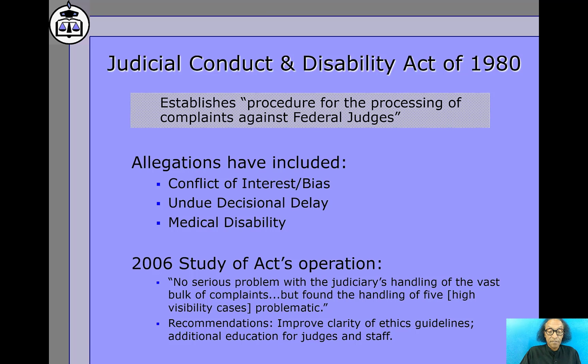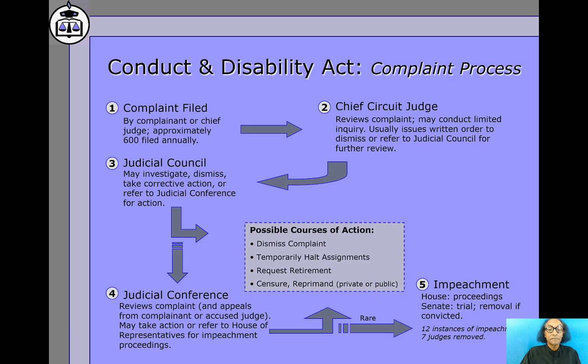A 2006 study showed that there's been really no serious problem with the judiciary's handling of the vast bulk of complaints, but found the handling of 5 highly visible cases problematic. In other words, the vast majority of cases brought against judges do not have much merit, and that's because federal judges are very careful in the way they discharge the obligations of their office.